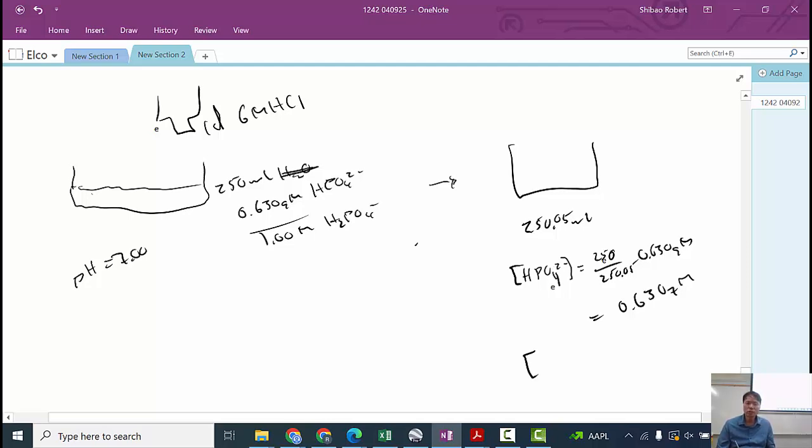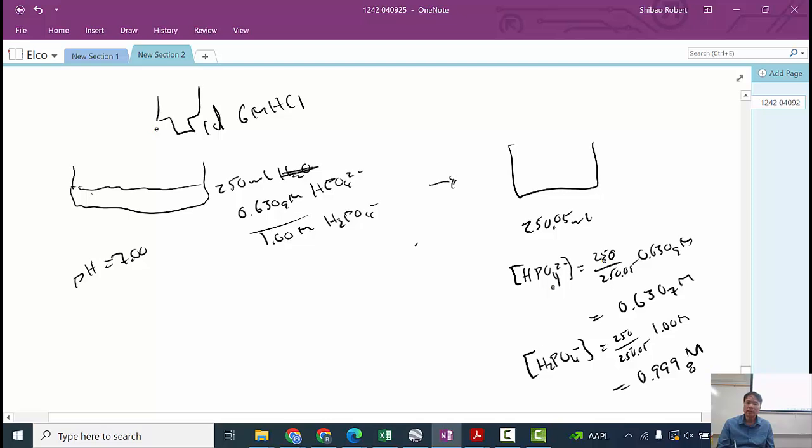The new concentration of the acid component, H2PO4 minus, is 250 over 250.05 dilution of 1.00 molar. 250 divided by 250.05 gives me 0.9998. I'm not going to round yet.